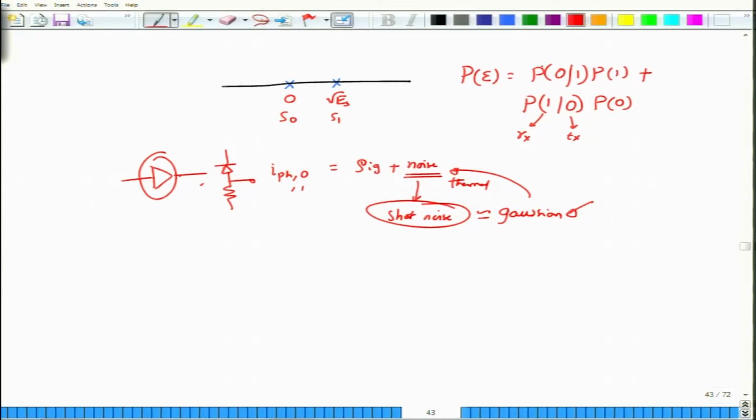Now if I assume that my received signal R will be Si plus n, where Si could be either S0 or S1, and n is the Gaussian thermal noise, so assume that this is a Gaussian distribution. I will write this as Gauss of 0 mean, but a variance of say sigma n square.